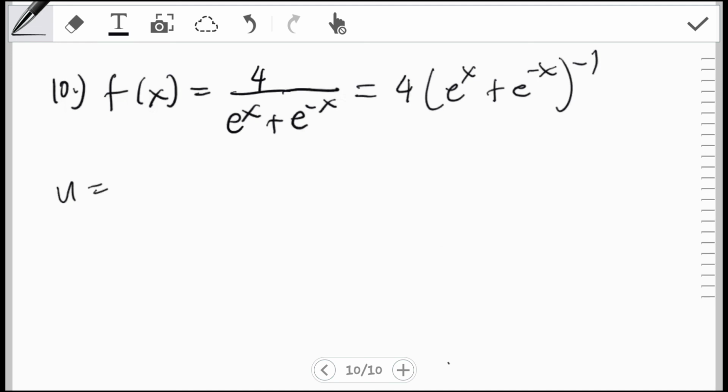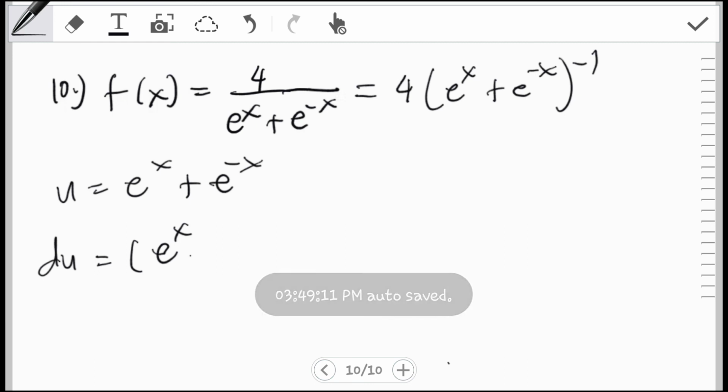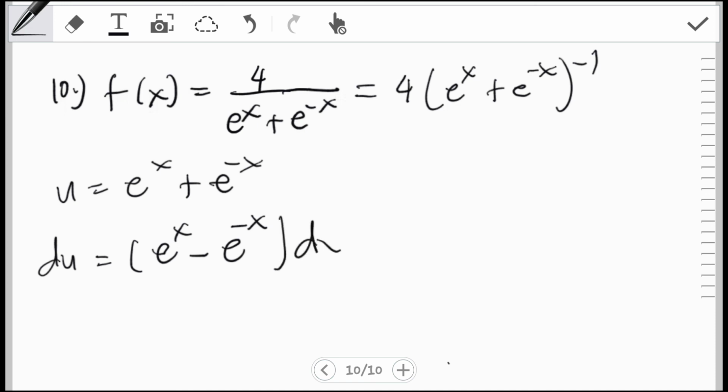Let u is equals to e to the power x plus e to the power negative x, where du here is equals to the quantity of e to the power x, then the derivative of e to the power negative x, that is minus e to the power negative x, then dx.